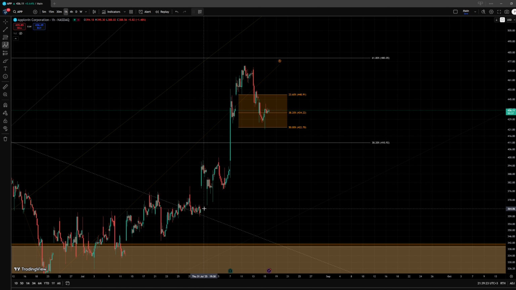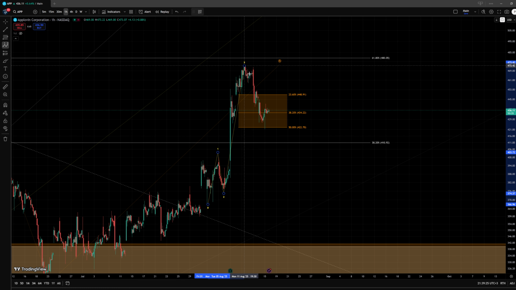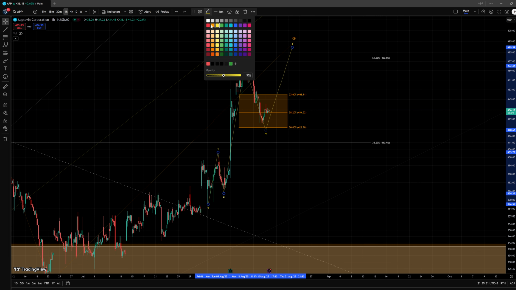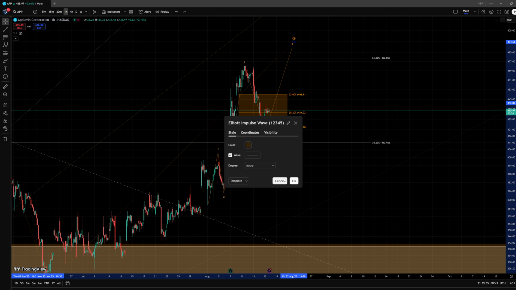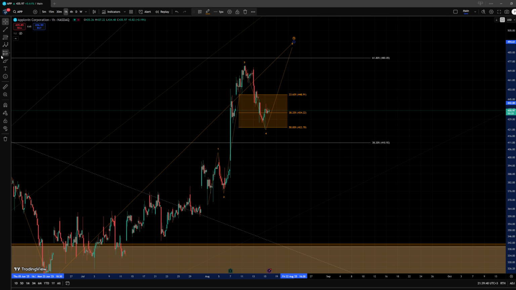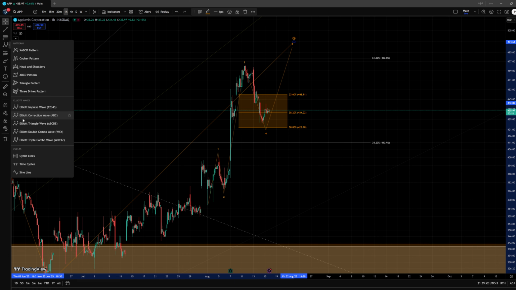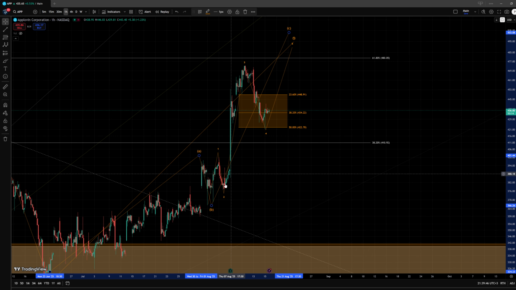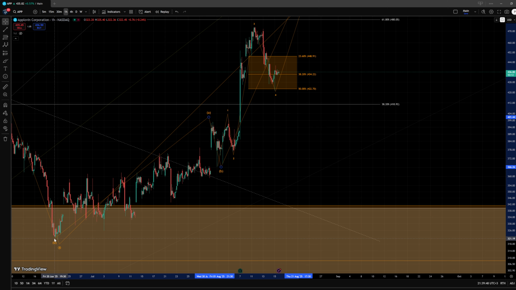So let me even add the idea to the chart. But within this fourth wave, in the wave C in orange, give me just a moment to make these very clear. And for the ABC that we are tracking, we could say that maybe it bottomed here, but keep in mind this is just an idea.